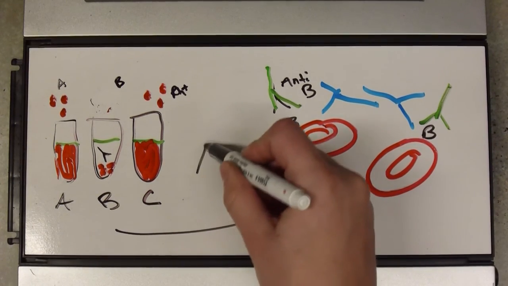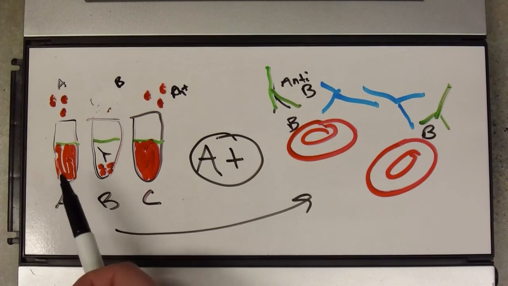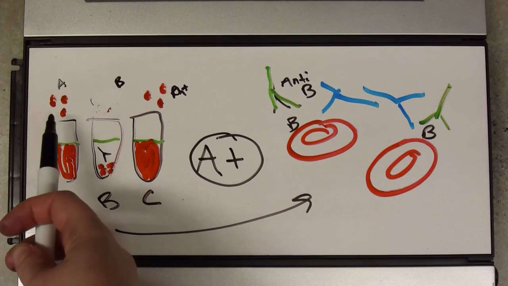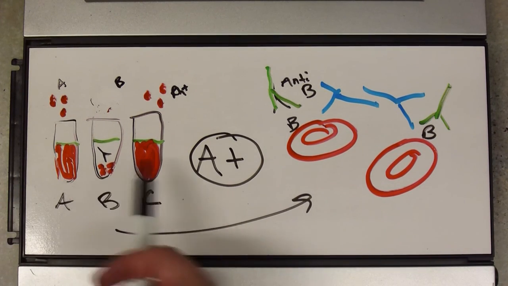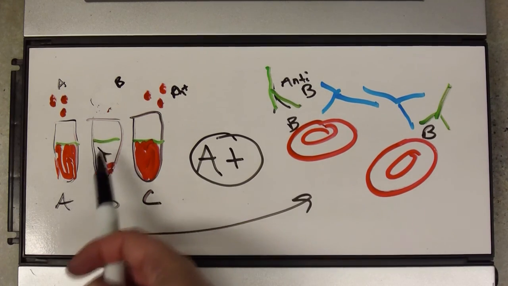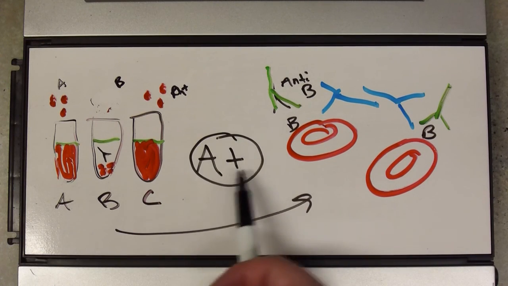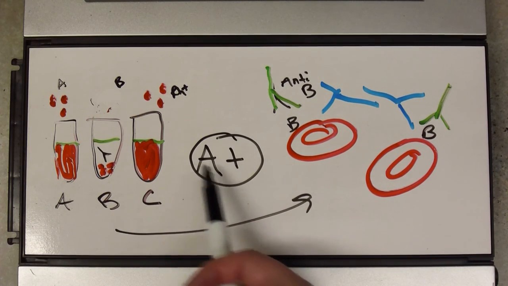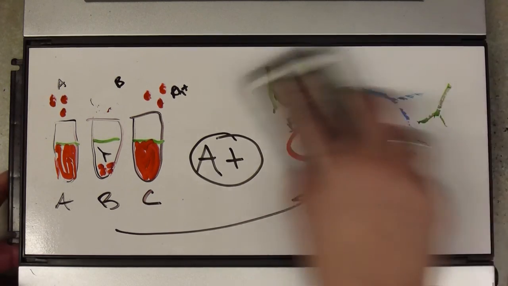This is somebody who is A positive, because their serum did not react with the A red blood cells, but it does react with B, because someone who's A positive naturally has anti-B floating around in their plasma. But they're not going to have anti-RH because they express the RH on their cells, so that one is not going to agglutinate. Let's look at one more example to make sure that this is clear.